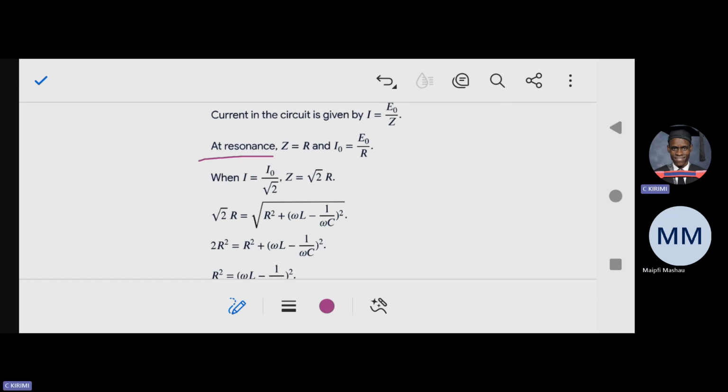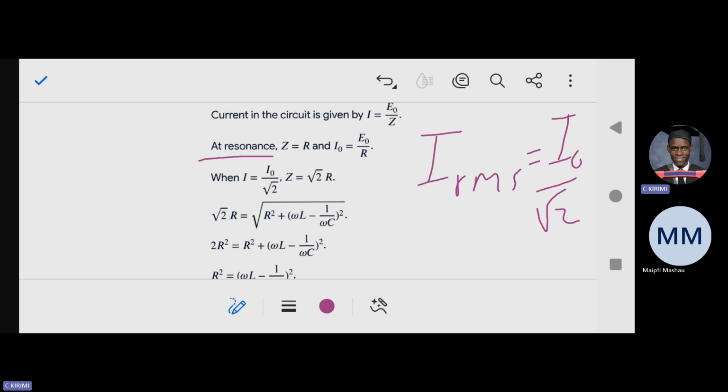The same way when we are calculating RMS current at the resonance. That's when we canceled everything. This was 0, 0, and then, for example, our current RMS is equal to I naught over root of 2.